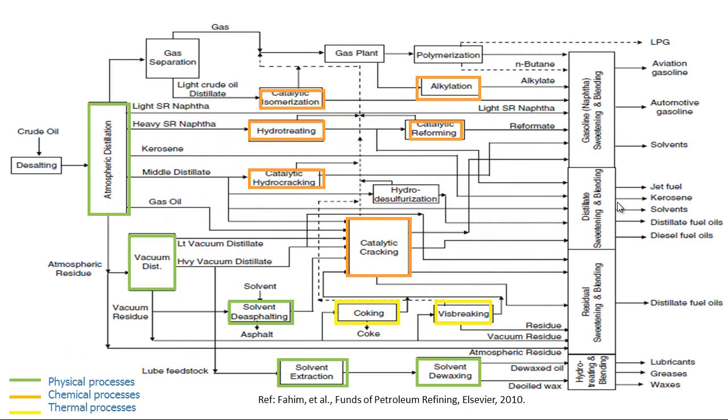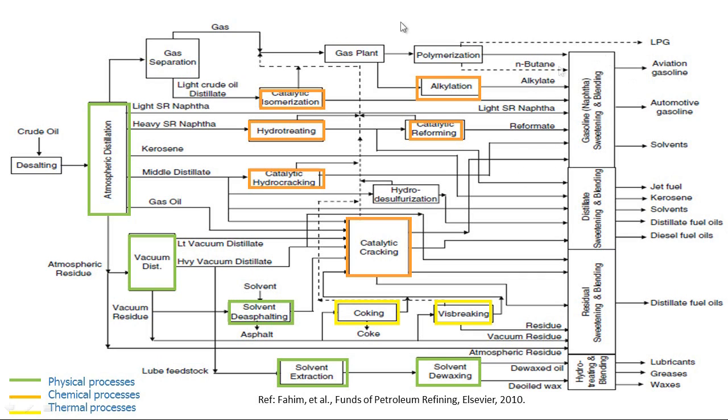And this block diagram shows the process of the refinery, which is similar to the previous slide. Please look at the products that we try to classify in a different pattern compared to the previous slide.